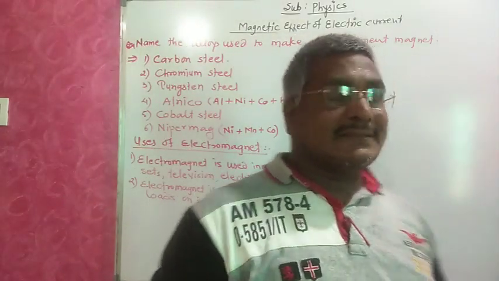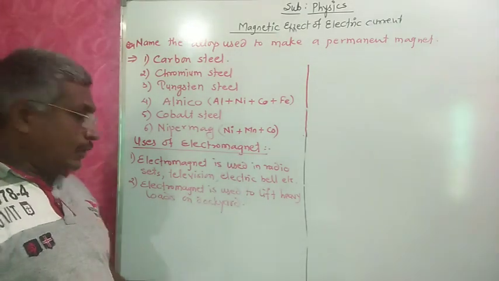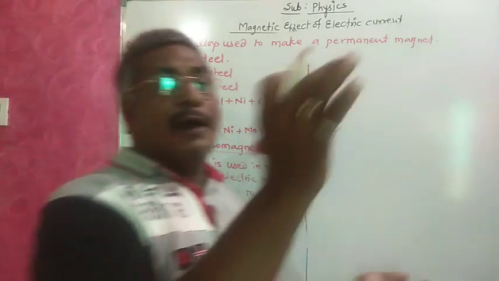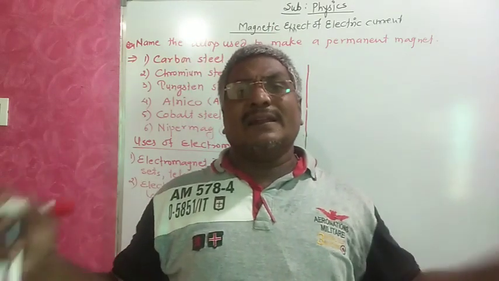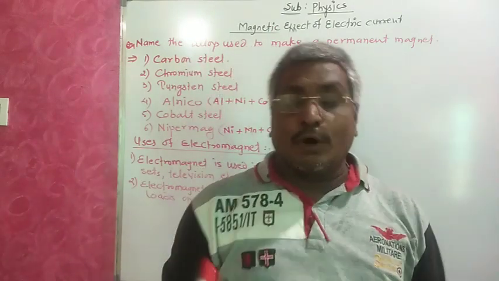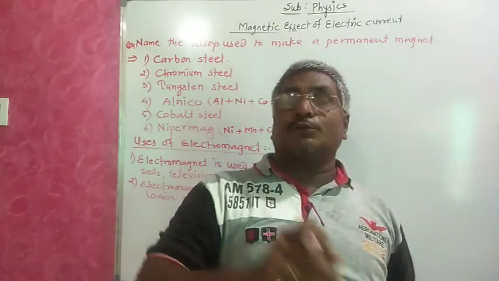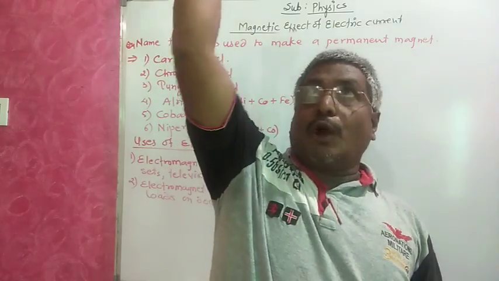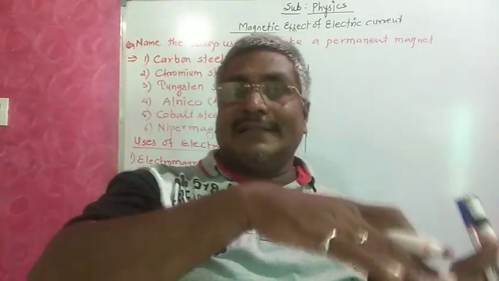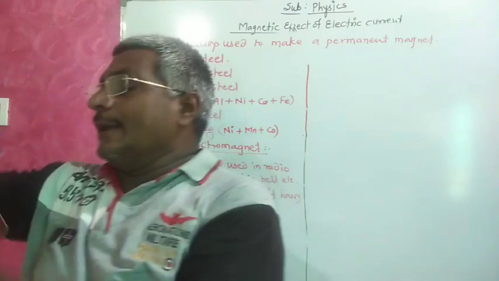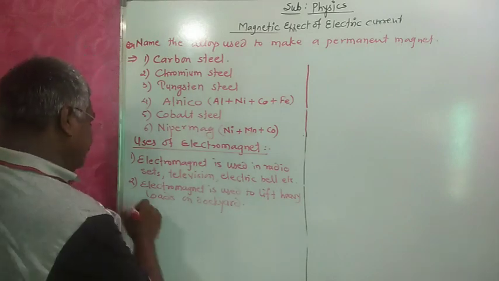In the magnetic cranes we are using electromagnets to lift heavy loads, and it is moving from one place to another place on the dockyard. On the dockyard big containers are coming. It is not possible for one or two persons to lift and keep them aside. So one plate is coming from the top, that plate is kept on that container, and then the container will stick to that plate and they are lifting and moving it to the other side. So that is the electromagnet.